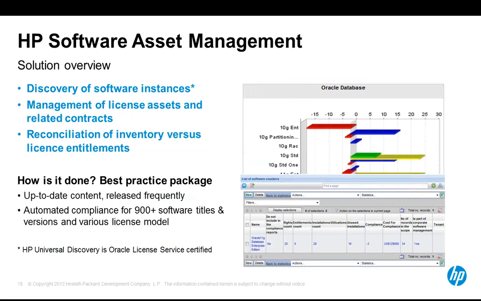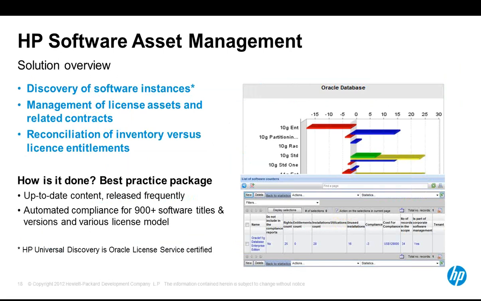You might be asking, okay, what are now these 900 software titles and versions? Well, this is the software from various vendors, for example, from IBM, Oracle, Microsoft, Adobe, SAP, Sybase, VMware, EMC, etc. We think that typically 60 to 80% of software that you might be using, we are covering with our best practice package.